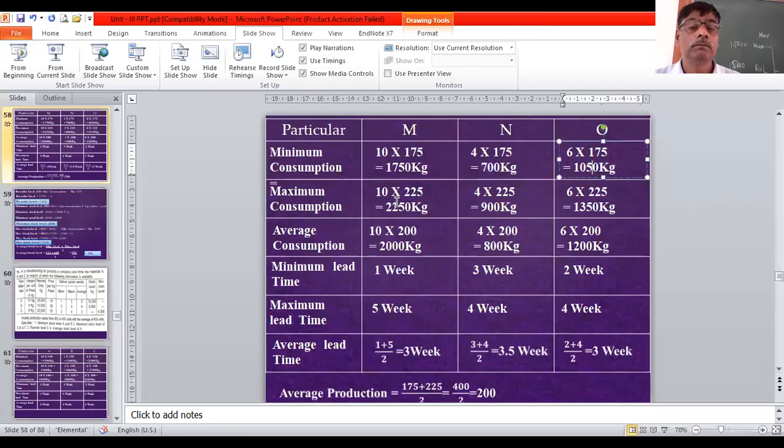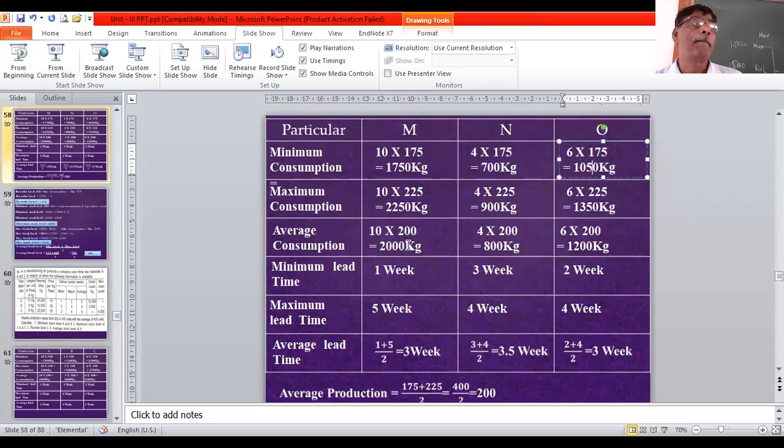And second column, 10 into 225, 2250, right? Second is 4 into 225, 900, correct? And third is 6 into 225, 1350, right?